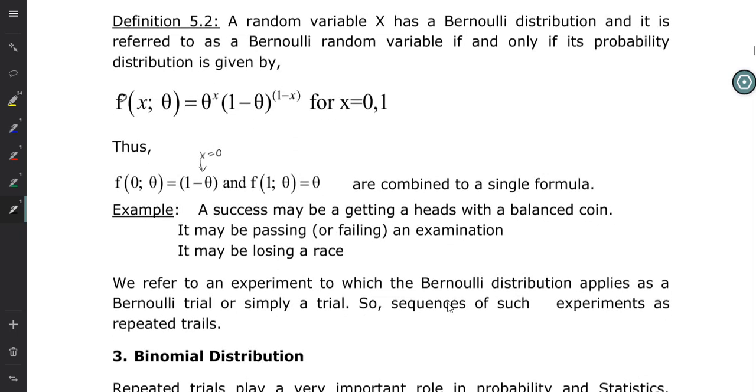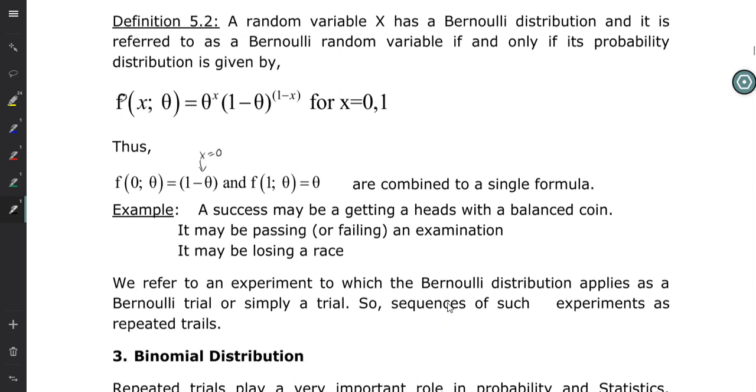Here are some examples of Bernoulli random trials or Bernoulli random variables. You can define the success event to be getting a head when you toss a balanced coin. Or it can be passing an exam. If you want it the other way around, failing an exam. Or it may be losing a race or winning a race. If you think about tossing a balanced coin, you have only two possible outcomes. You either get head or tail.